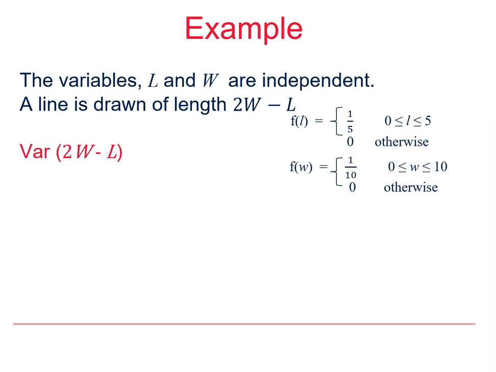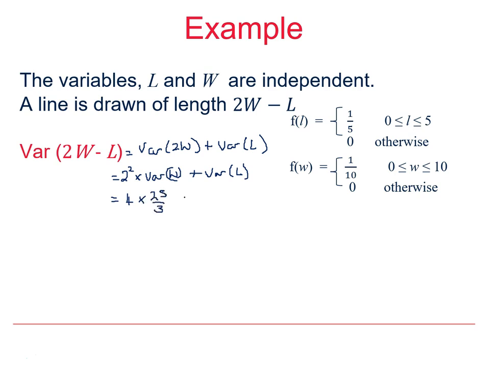And finally, the variance of 2W minus L would be the variance of 2W plus the variance of L, and that would be 2 squared multiplied by the variance of W plus the variance of L. If you recall, the variance of W was 25 over 3, and the variance for L was 25 over 12, and that equals 35.4.